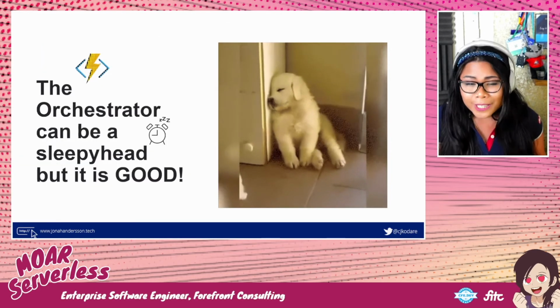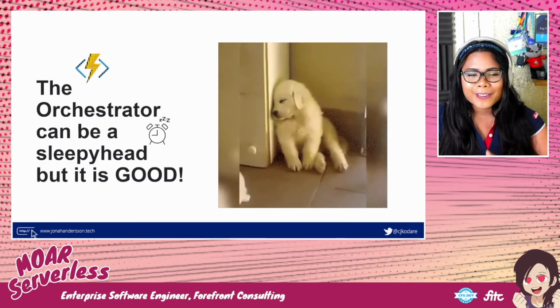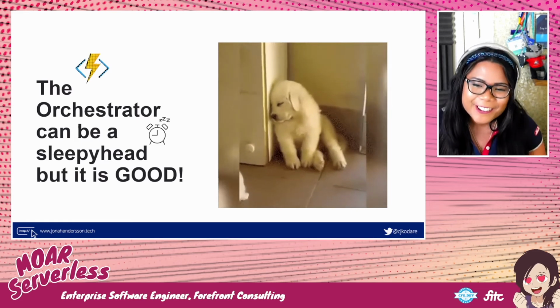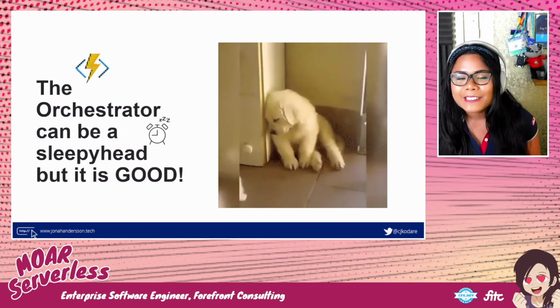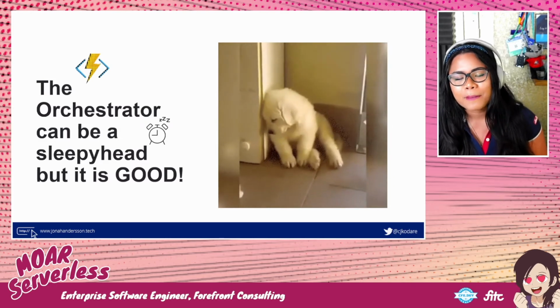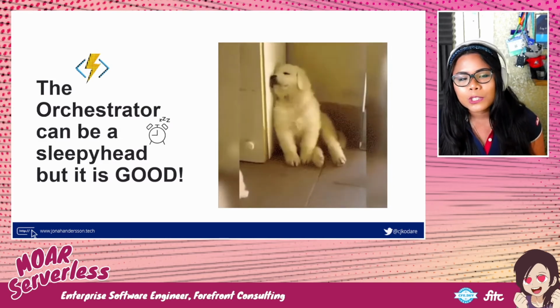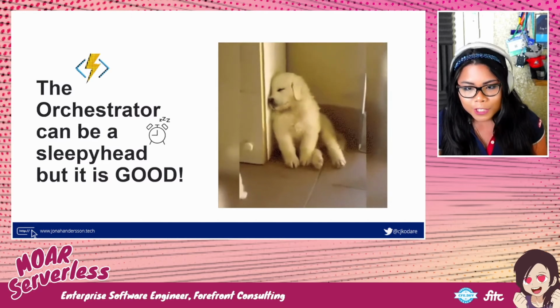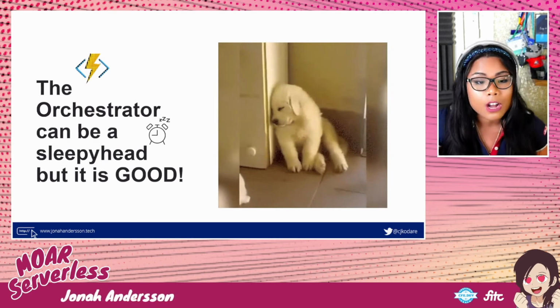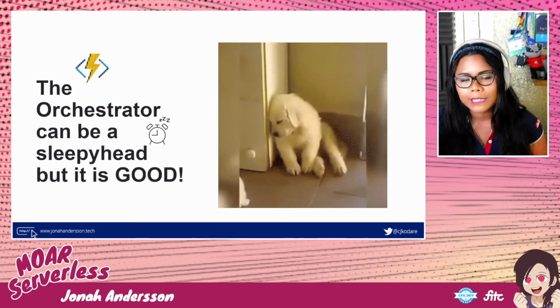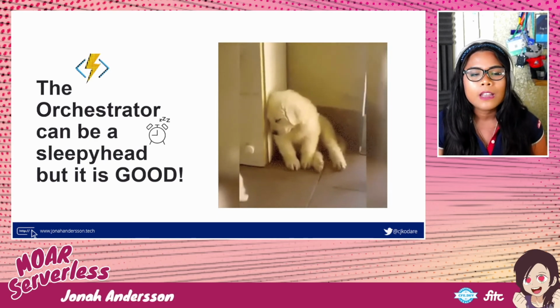So the orchestrator can really be a sleepyhead, like my Labradoodle dog in the morning. But it's good when the orchestrator is sleeping, because that means you're not being charged for the other activities or tasks that are not running. You're only charged for the instances that are actively running.